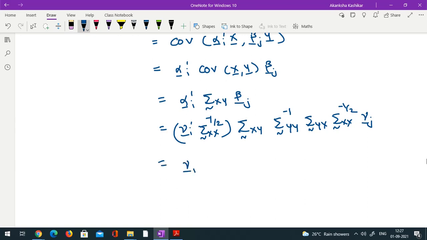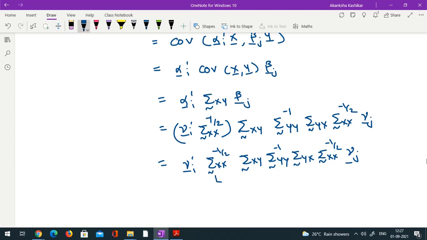So this is nu I prime sigma xx raised to minus half sigma xy sigma yy inverse sigma yx sigma xx raised to minus half nu j. What do I know about this quantity?